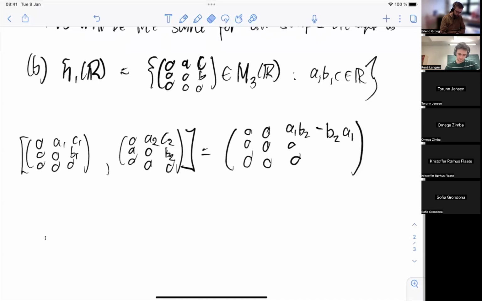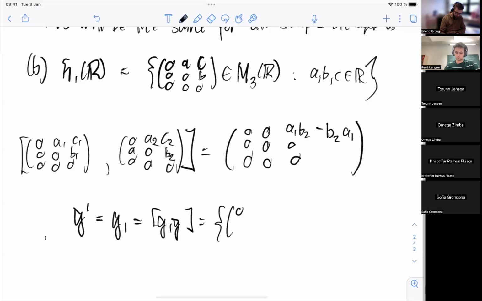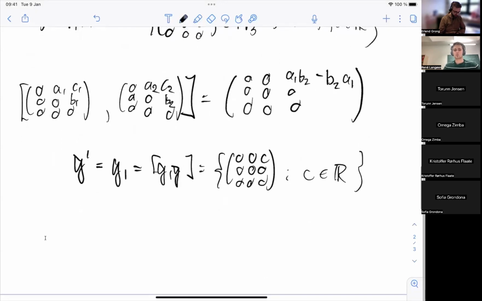So that means that G1, which is also G lower 1, the bracket of G with G, will be all matrices like this, where R, C, S are in R. So these are the only ones that are in G1.